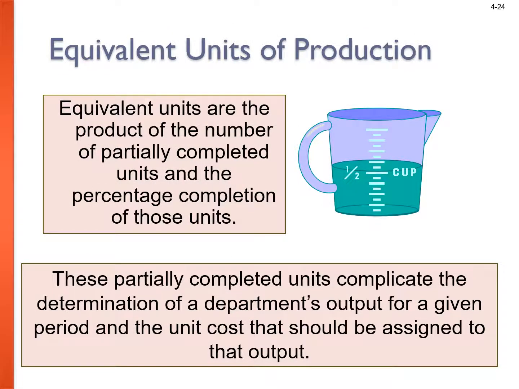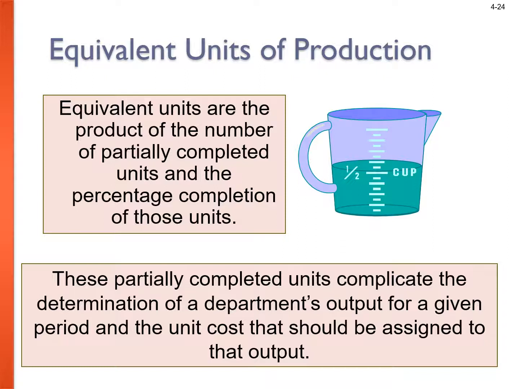So let's talk about this, okay? In a processing system, it is very important for us to understand equivalent units of production. Now, what are they? Equivalent units are the product of the number of partially completed units and the percentage completion of those units.